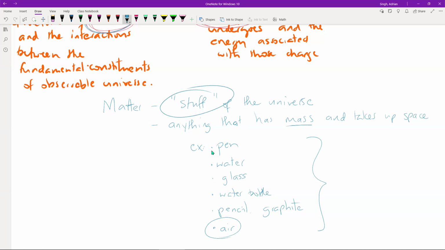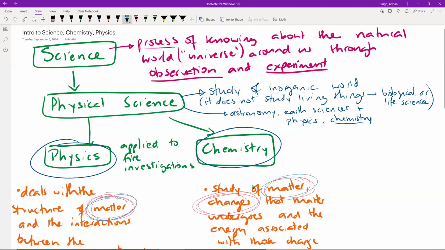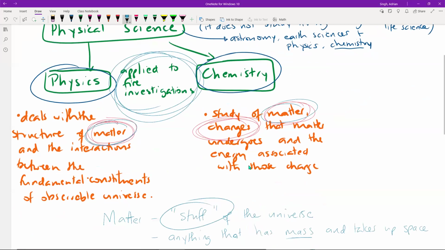We're going to study a lot about matter and chemistry and physics, and we're going to see how that is related to what you are getting into, which is your fire investigation. Because guess what? In a fire, you have something that catches on fire. That thing that catches on fire, the fuel itself, is an example of matter, whether it's a piece of wood, some gasoline, a piece of paper, or an electrical cord.